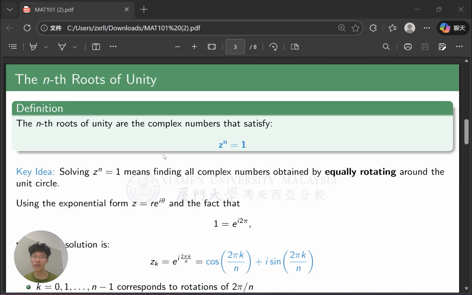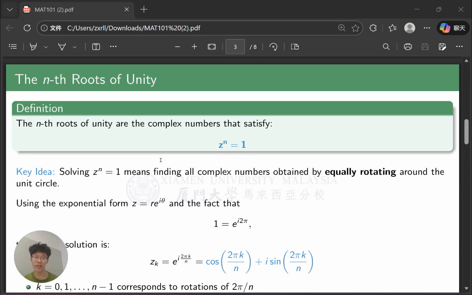So, how do we find them? We recall the exponential form of a complex number from chapter 5.3 of our lecture notes: z equals r times e to the power of i theta. Since the modulus of 1 is 1, our radius r must be 1.